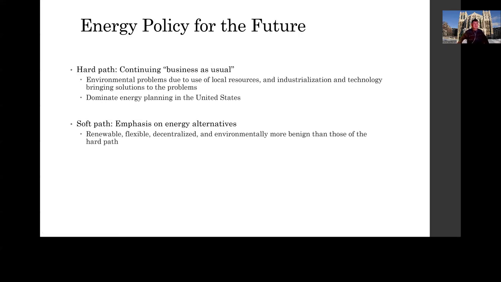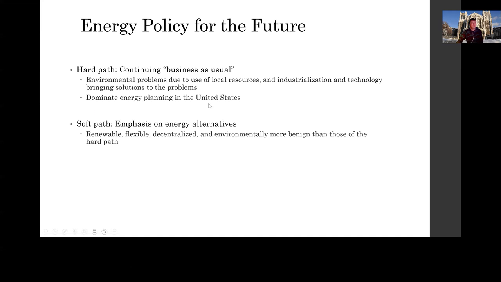So, energy policy for the future: one role is the development of technology, which involves two paths. One is the hard path, which is continued business as usual. There are two arguments. One is that this is an environmental problem due to the use of local resources, and that industrialization and technology bring a solution to the problem. This was the dominant energy planning in the United States in the past. The transition is hard because it affects all the infrastructure.